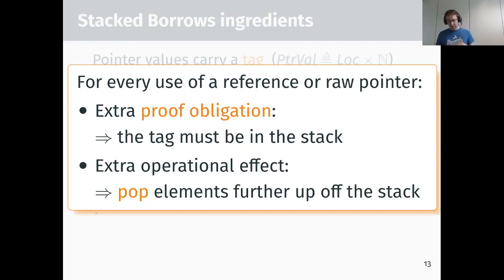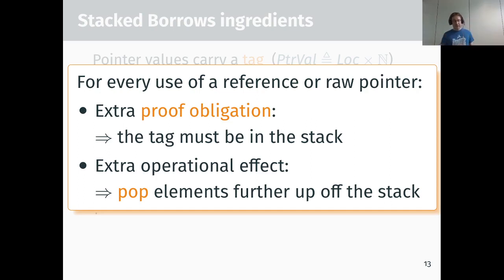So now we have this extra state. Now we need to describe how this extra state evolves during the execution, and what are the new proof obligations that arise that ultimately enable the optimizations. So let's first go to the proof obligation. The new key property that has to be upheld is that every time you use a reference or a raw pointer, that you read from memory, that you write to memory, that you're creating a borrow, the tag of that pointer has to be in the stack.